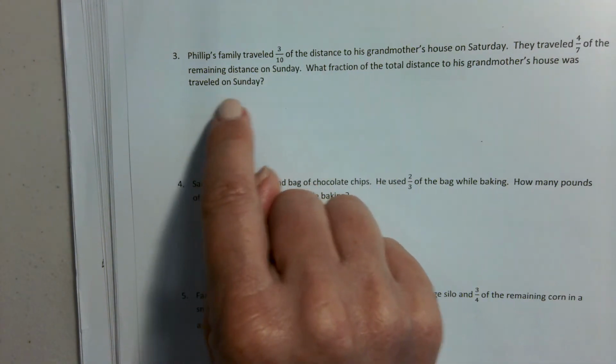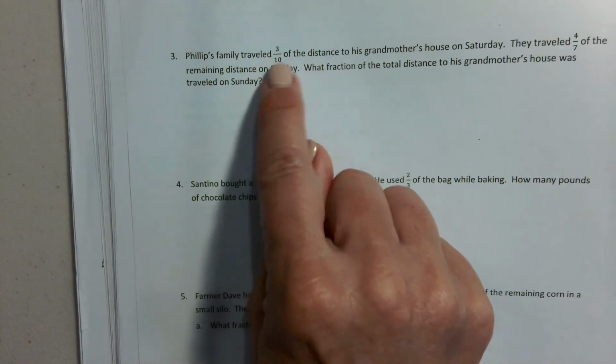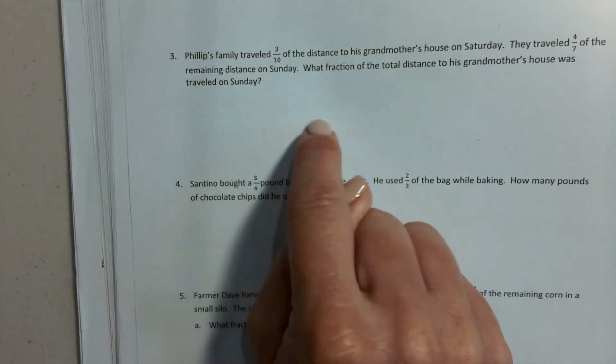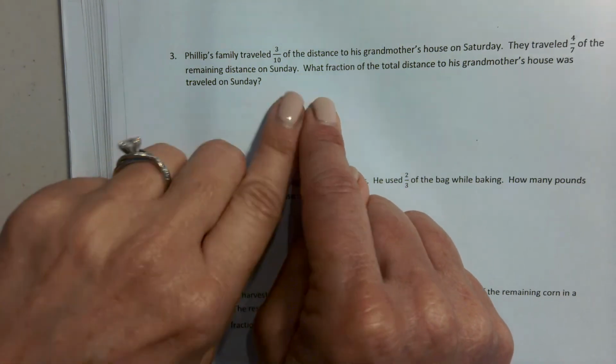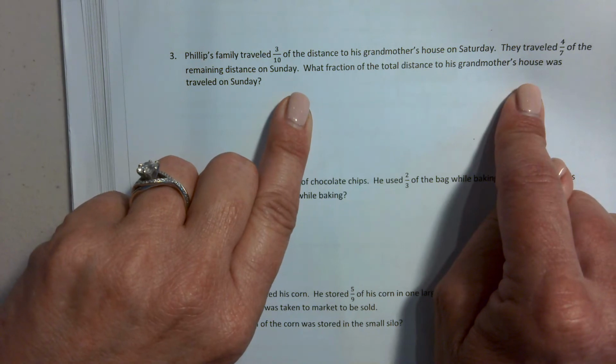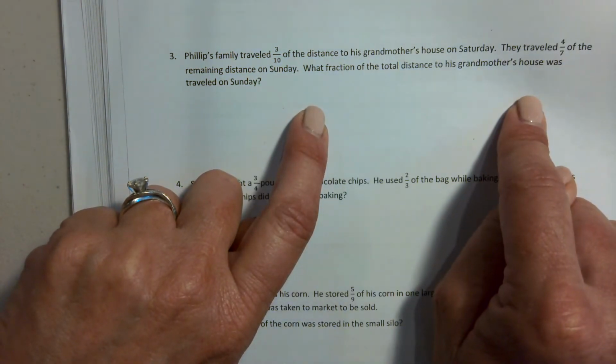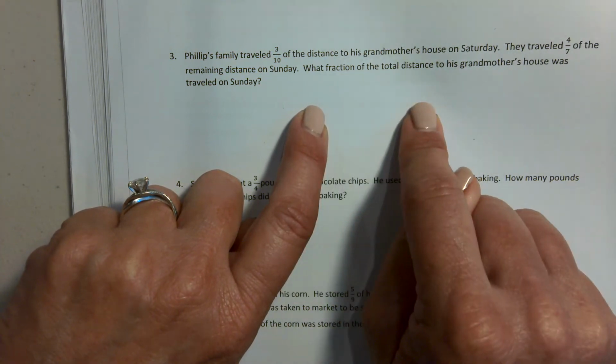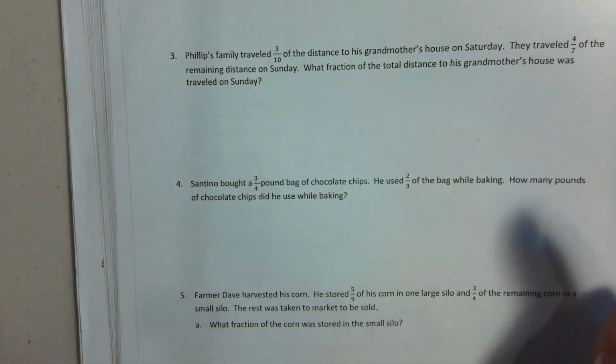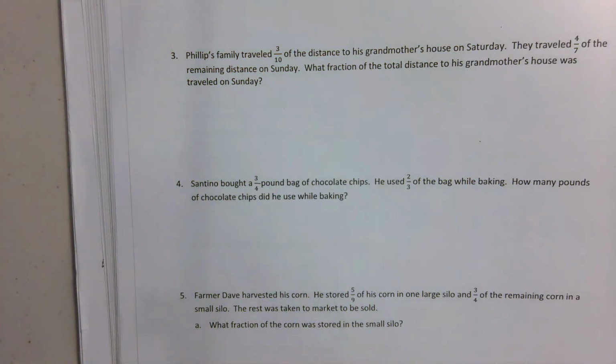So I would have my tape diagram broken up into tenths. I would show 3/10. What is left? Oh, 10 minus 3 is 7, right? So of that 7 that's left, 4/7 was traveled on Sunday. What fraction of the total distance to his grandmother's house was traveled on Sunday? Okay. All right.